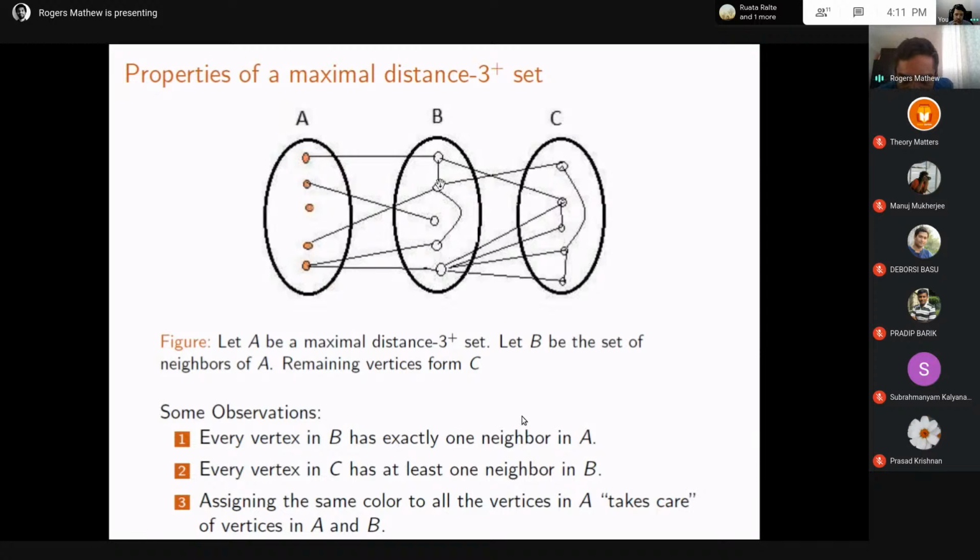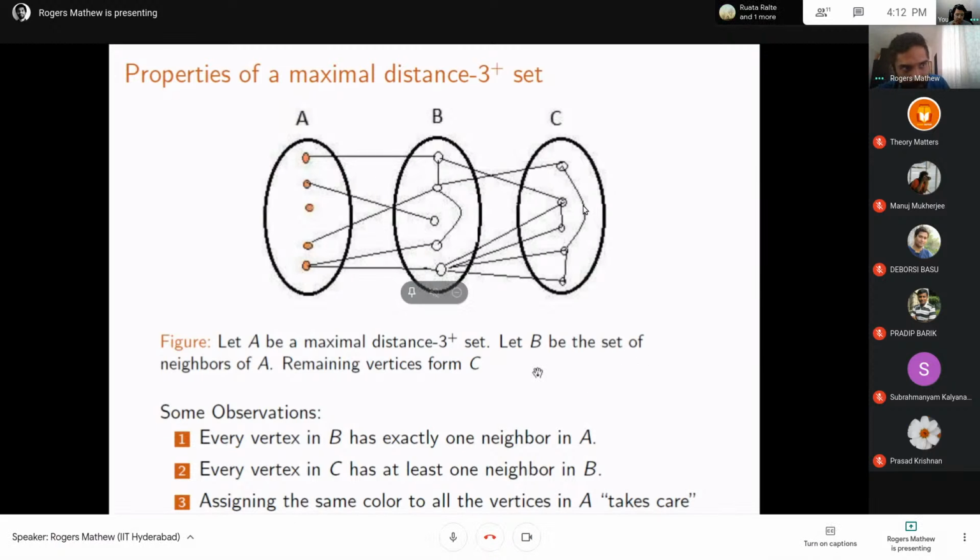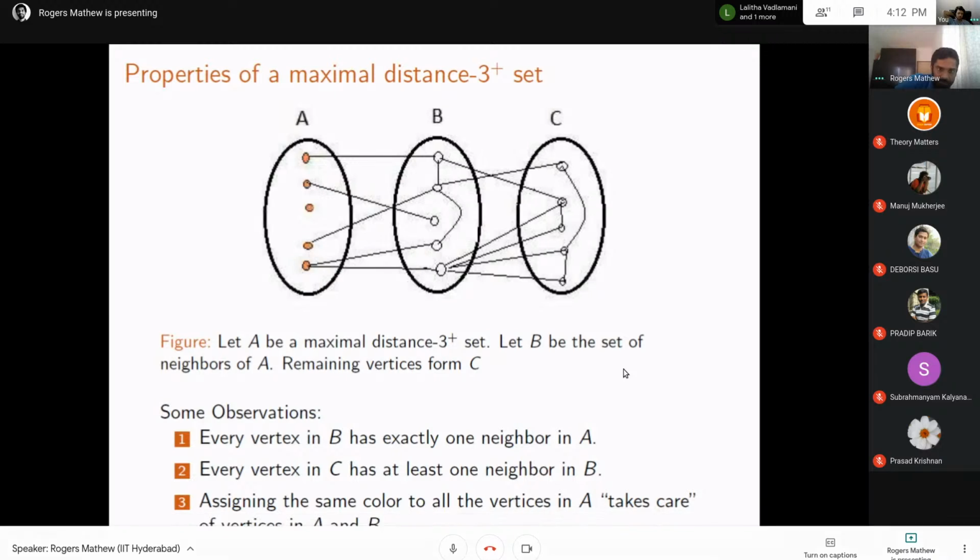Now it has some other neighbors here which are uncolored. Even at the end of the proof, if these vertices are uncolored, I can give them a new color. Still this vertex sees red color exactly once in its close neighborhood, and that's what it wants. So I'm not going to tamper with already colored vertices. I see that for vertices in B it's okay, but we will be looking at the others, and we can see more in the proof.